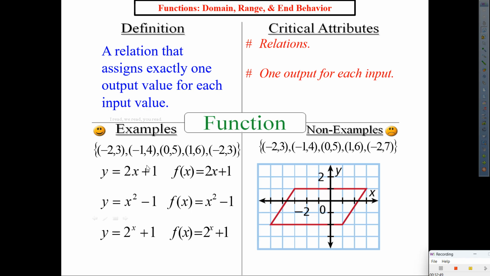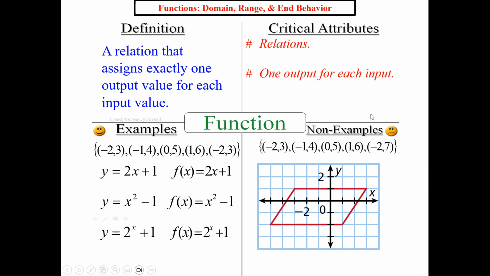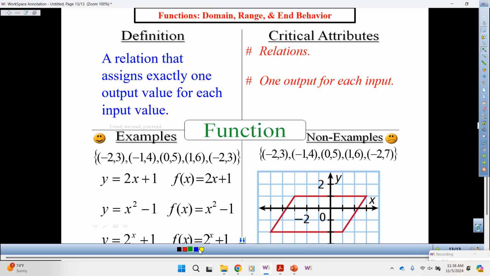How do we know that? The x and the y, okay, but which one, to be exact, shows us that it has exactly one output for each input? Help them out, Rachel.